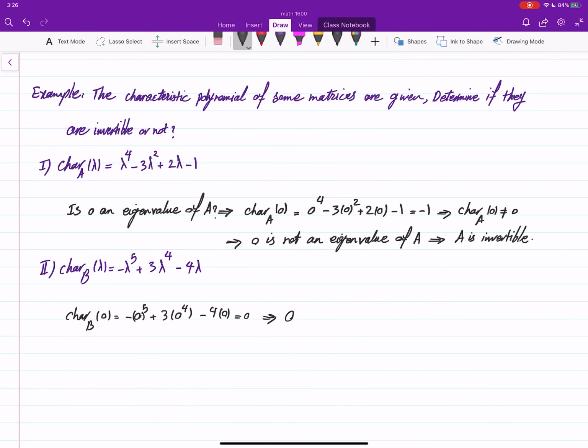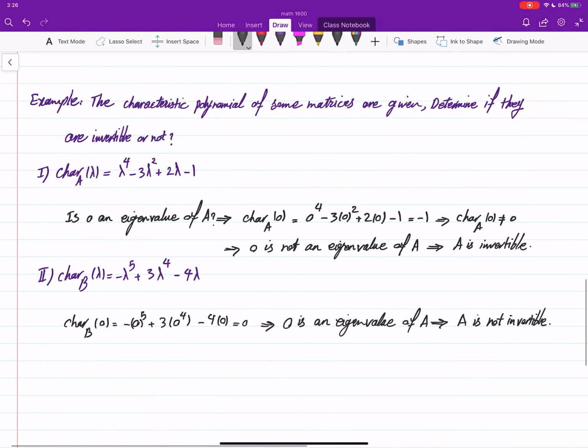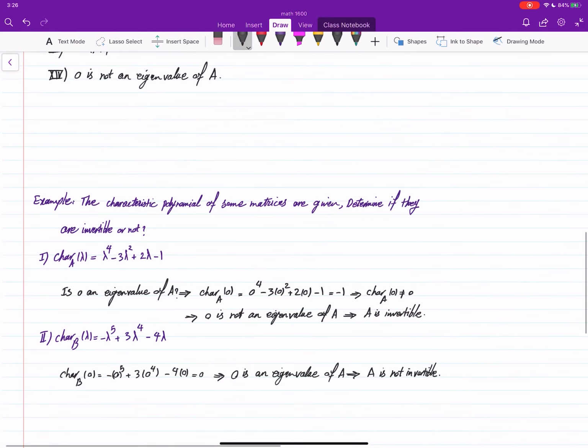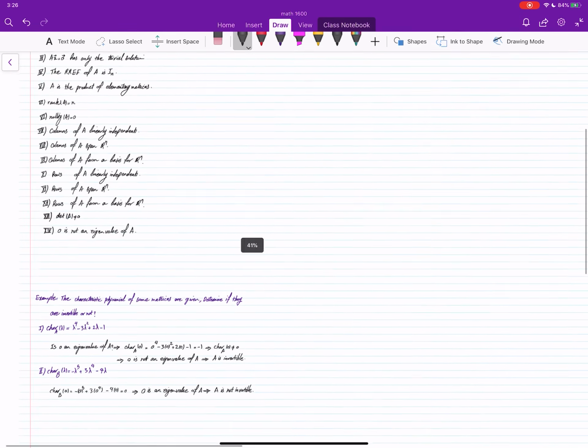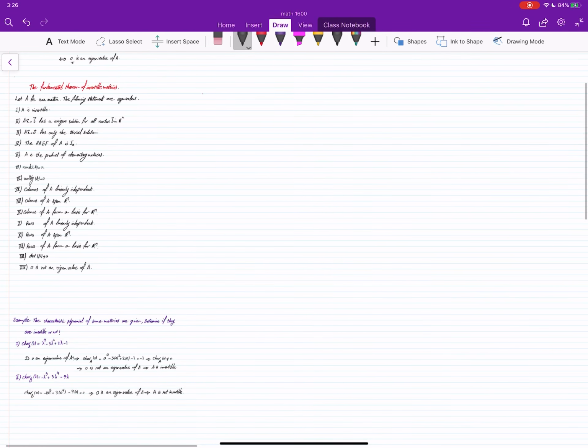That means that 0 is an eigenvalue of B, and that implies that, well, if 0 is in the list of eigenvalues of B, that means that B is not invertible. So you can simply, just by looking at the characteristic polynomial, say if the matrix is invertible or not.